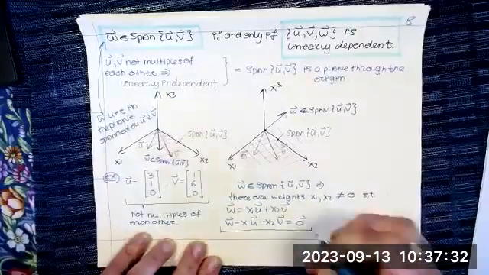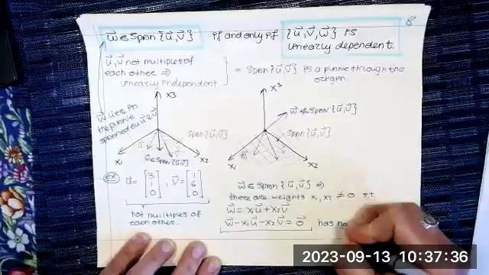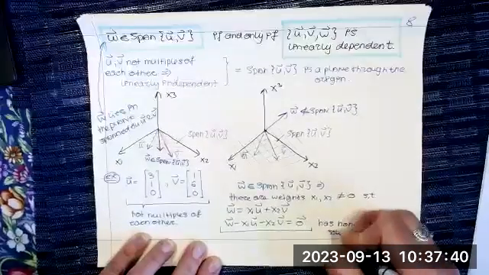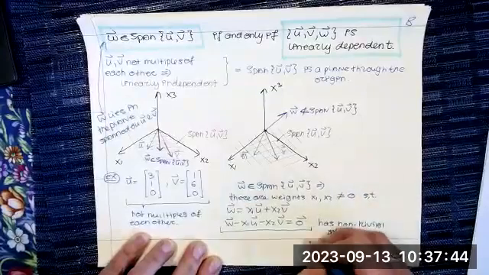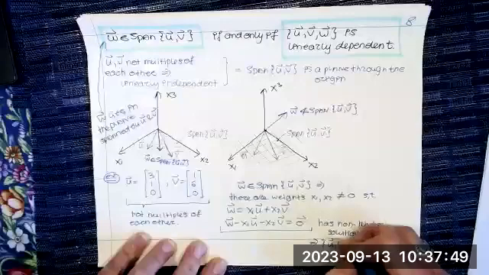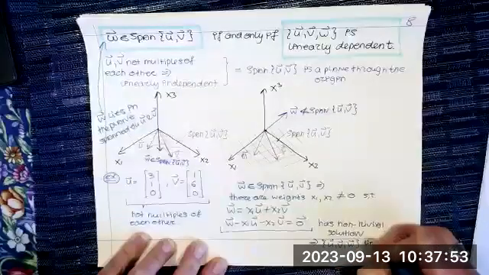This vector equation has a non-trivial solution. And if it has a non-trivial solution, that means that my set U, V, W is linearly dependent.